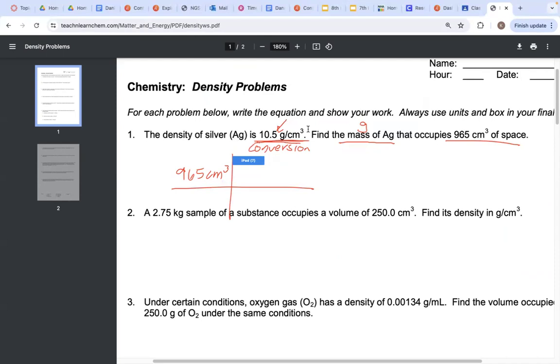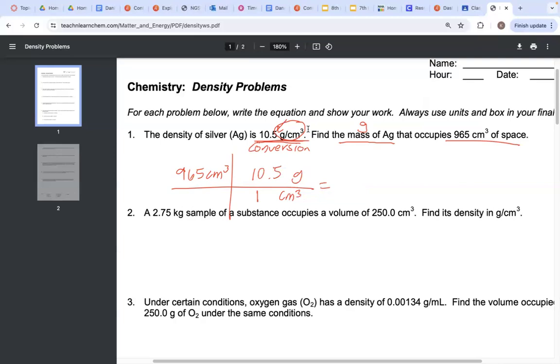Now we can use that density as a conversion factor to get to our grams, because this is giving us the relationship. All right, so I want to put my centimeters cubed on bottom because I want my centimeters cubed to cancel. And then I'm going to put my grams on top. All right, so 10.5 grams.